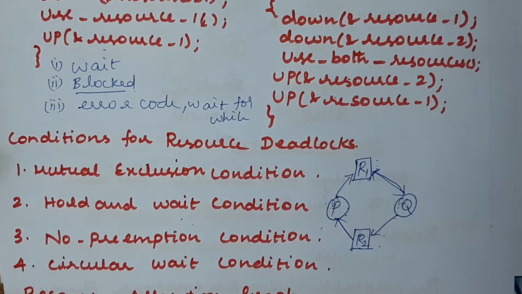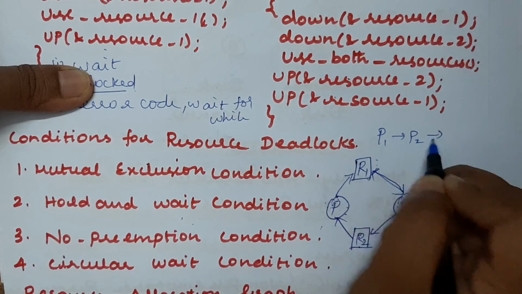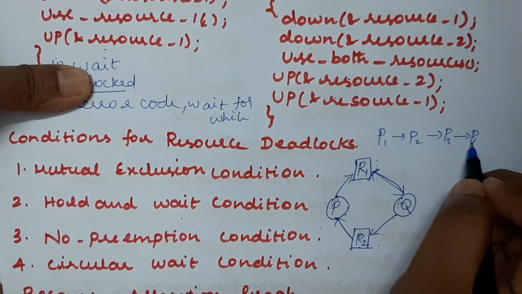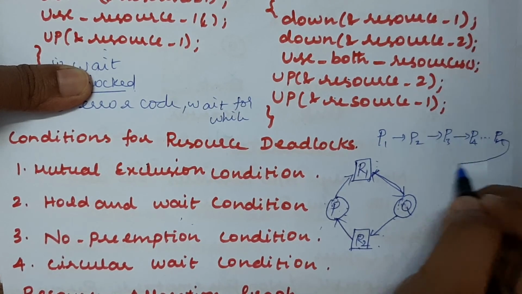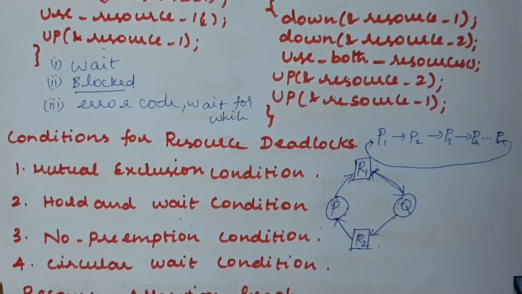This is circular wait. You can have more processes too: P1 is waiting for P2, P2 is waiting for P3, P3 is waiting for P4, and so on up to Pn, and Pn is waiting for P1. This is circular wait.